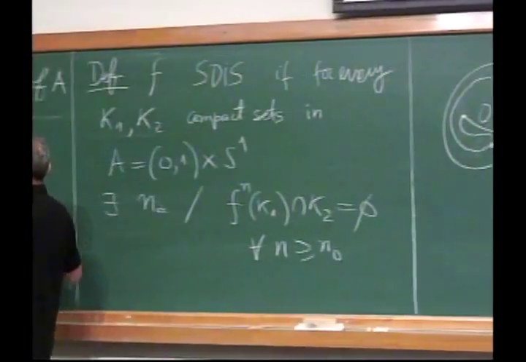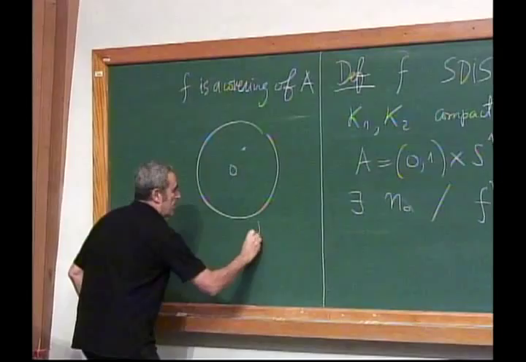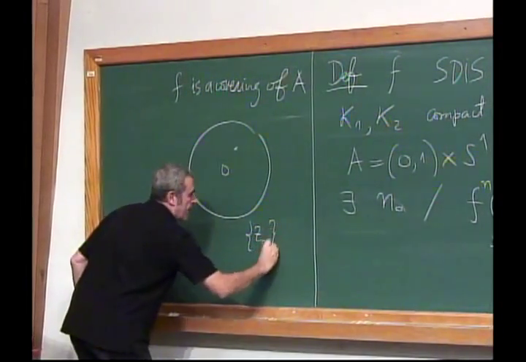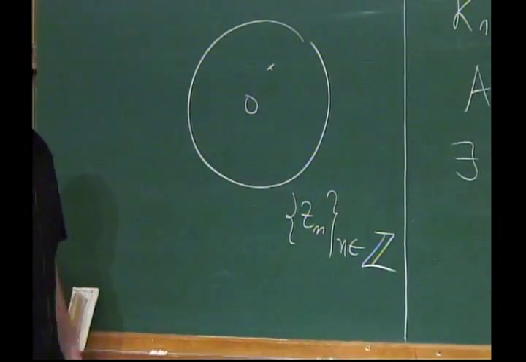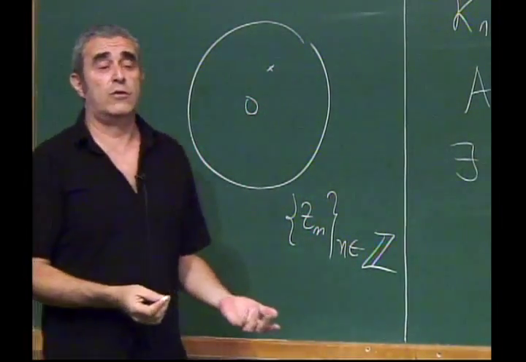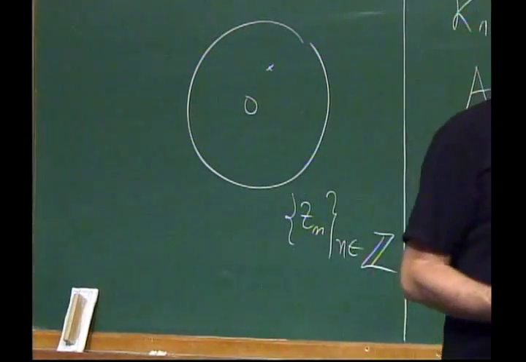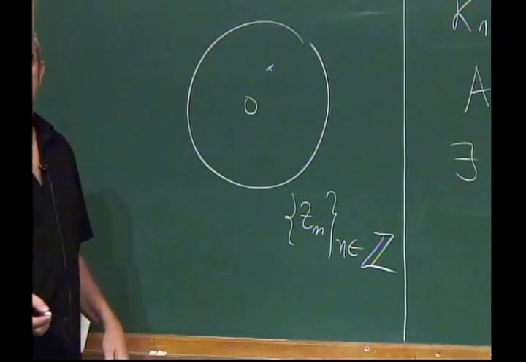If you have an orbit, a whole orbit from minus infinity to plus infinity, then this orbit must get out from any compact set. So it must converge to the boundaries, okay?